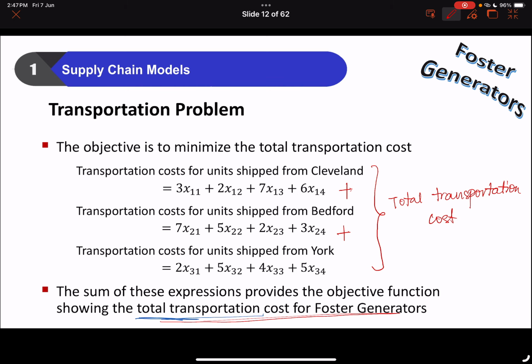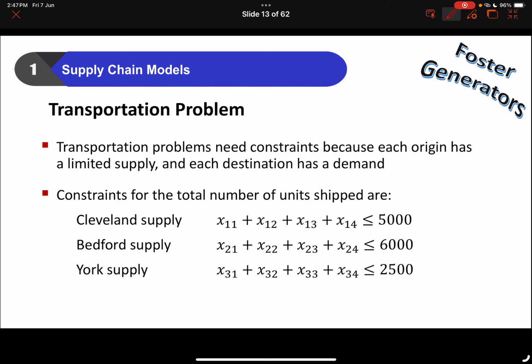As we know, in each linear programming model, there will be constraints. In transportation problems, the constraints exist because each origin has a limited supply and each destination has a fixed or known demand.